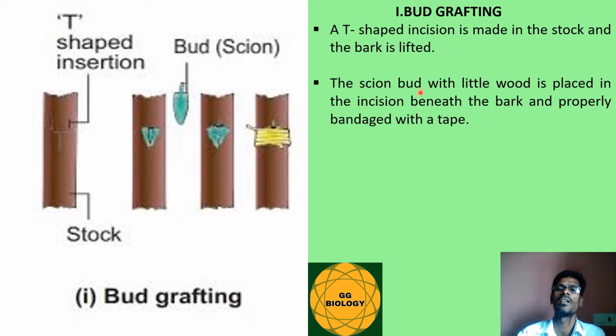The scion bud with a little wood is placed in the incision beneath the bark, just inserted into the cut region of the stock, and properly bandaged with tape. Finally it gets firm and the plant grows from that region. Such a method is called bud grafting.